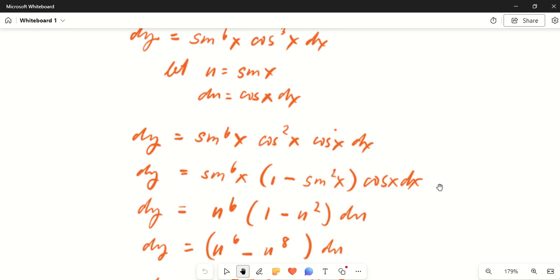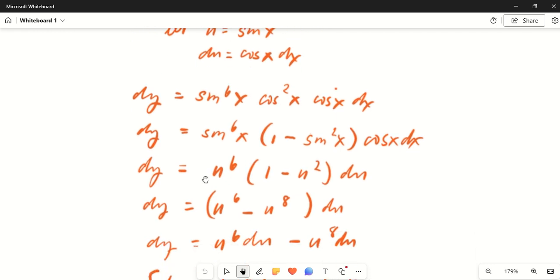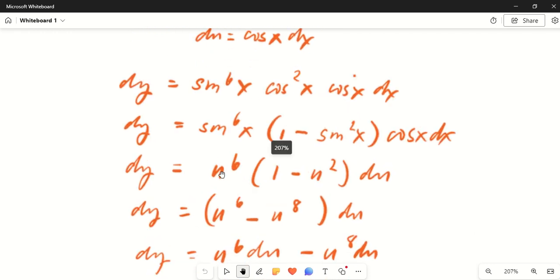Then there's a need for you to multiply your u raised to the 6th power to the terms inside the parentheses. So you'll be having u raised to the 6th power times 1, you have u raised to the 6th power, and then u raised to the 6th power times negative u raised to the second power, that will give you u raised to the 8th power. Of course, you have here your du.